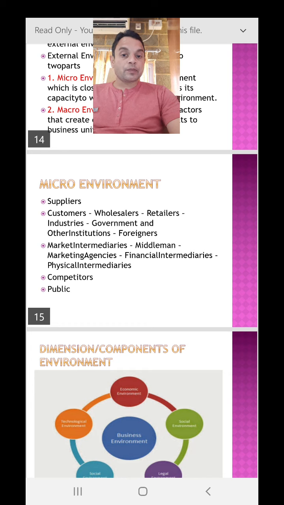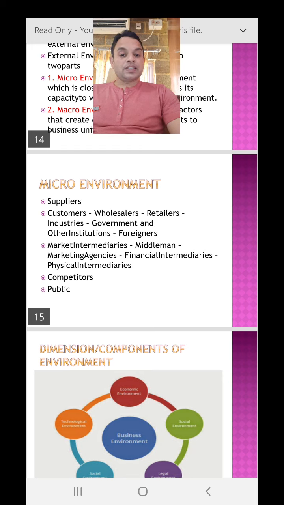We can talk to them one by one, that brother, give us the product, give us this material, keep this price for us. Customers, wholesalers, retailers, industries, government and foreigners, these are all micro environment but external. They are not working in the organization, they are operating outside, but still as a business unit you can have control on them. That is known as micro environment.